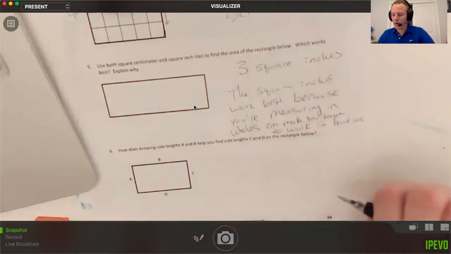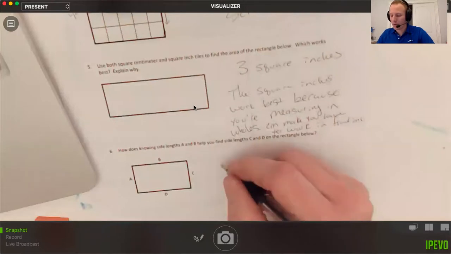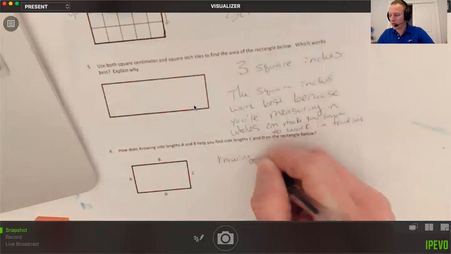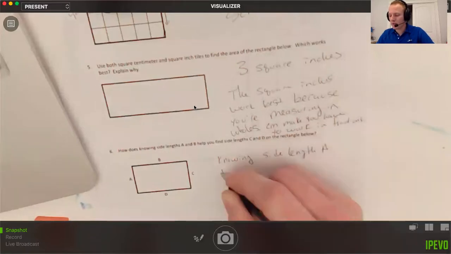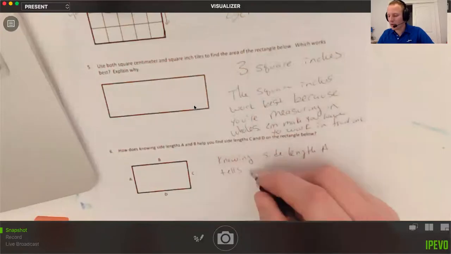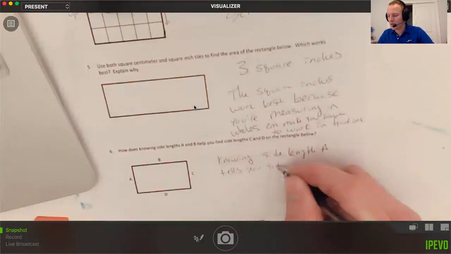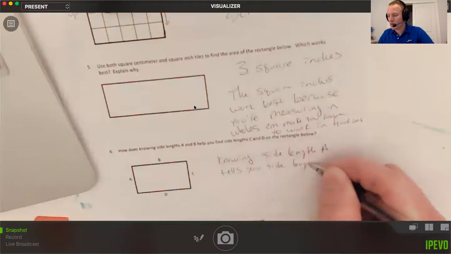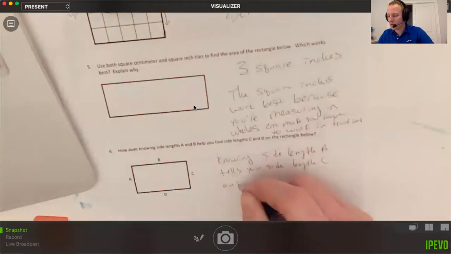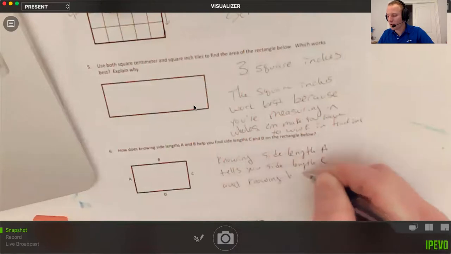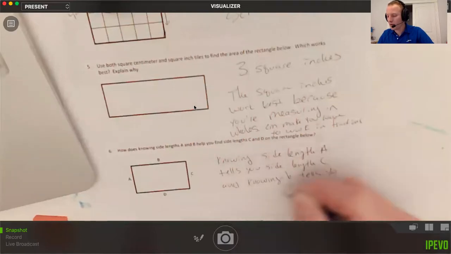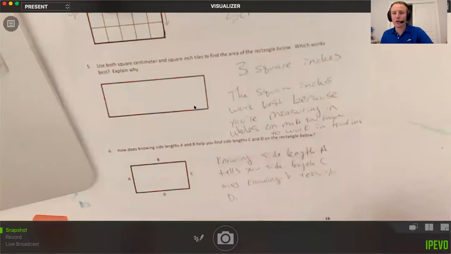So knowing side length A tells you side length C, and knowing B tells you D.